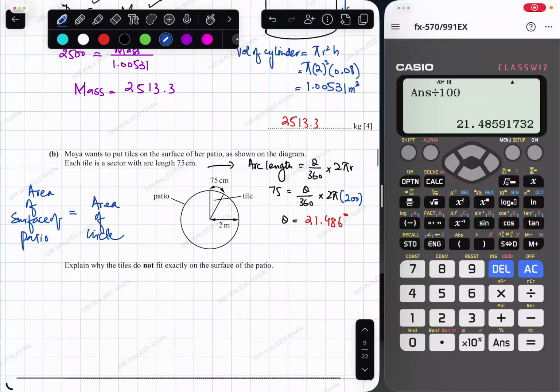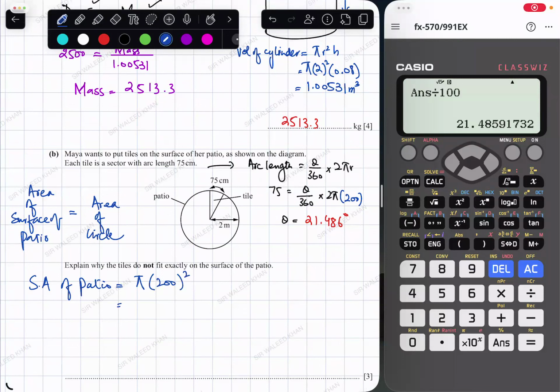So the surface area of the hole over here will be pi r square. So this should be pi into 200 square. So we have 125663.71. Right? This is the surface area of the hole.